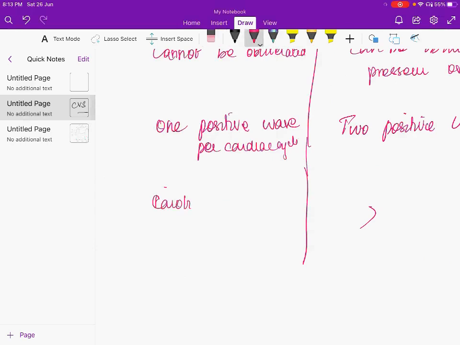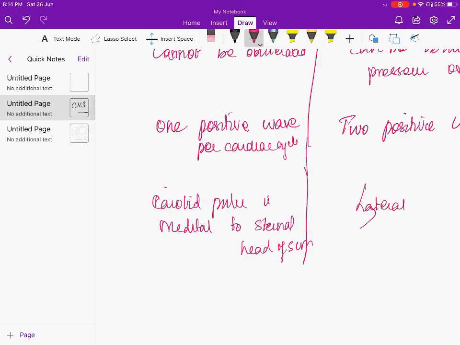Your carotid pulse is medial to the sternal head of the sternocleidomastoid muscle, whereas your JVP is lateral.